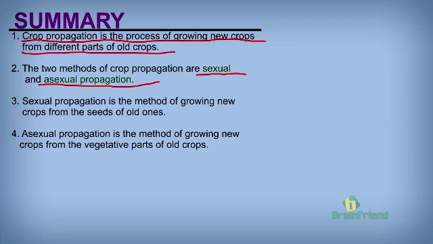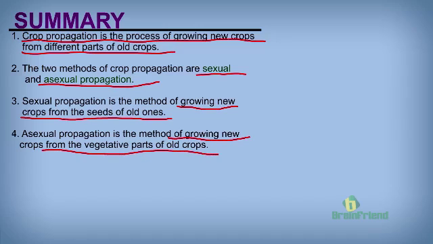Sexual propagation is the method that involves the growing of new crops from the seeds of old ones. Asexual propagation is the method of growing new crops from the vegetative parts of old crops.